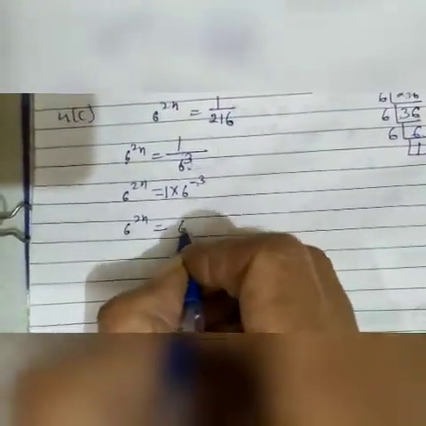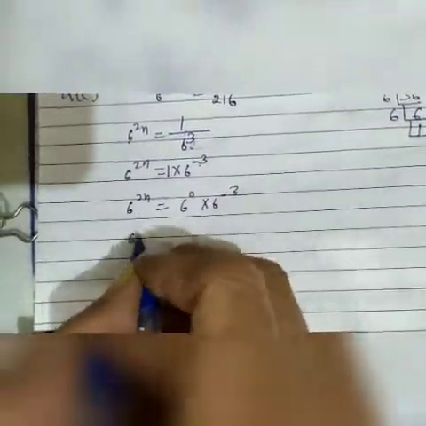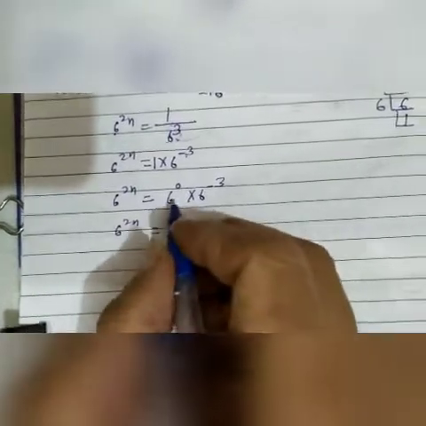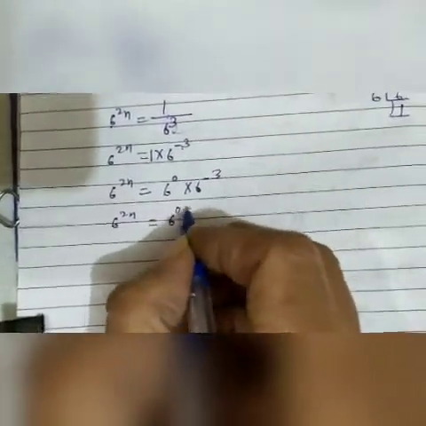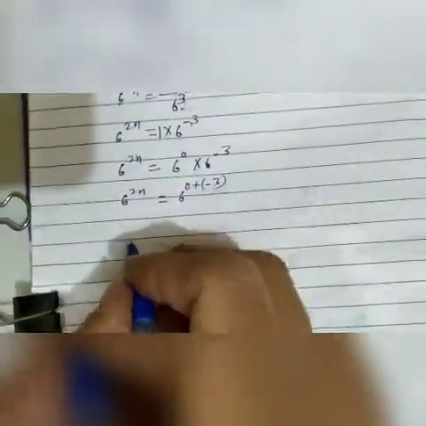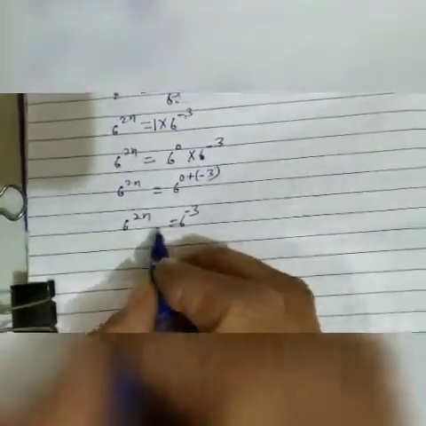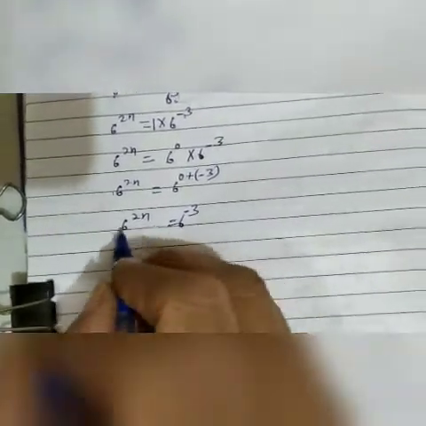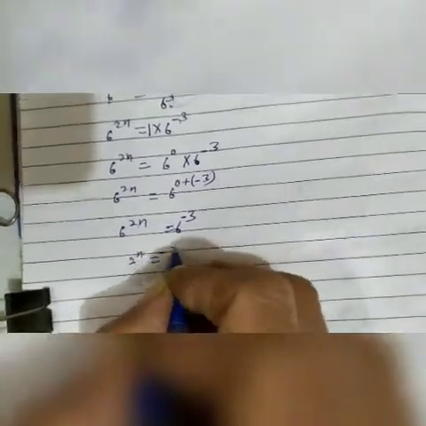This 1 can be written as 6 power 0 multiply 6 power minus 3. Then 6 power 2n is equal. Both the bases are same, so 6 power 0 plus minus 3, then 6 power 2n is equal 6 power minus 3. Again bases of both sides are equal, so powers will be equal. 2n is equal minus 3.